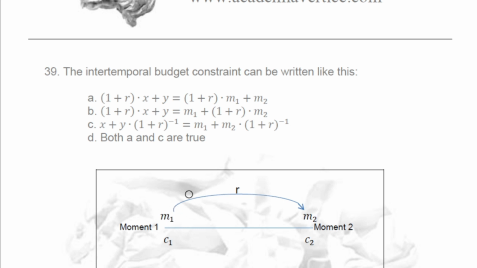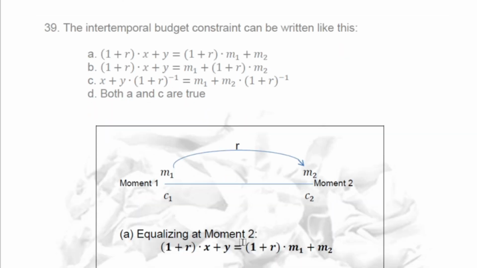So m1 times (1 plus r), I can sum it with m2 and have all the income for me considering in period 2. If I do the same with the consumption, well, here it's better if you put C1 and C2, but as the answers are like this, we suppose that X and Y are consumption in period 1 and consumption in period 2, okay? So equalizing at moment 2, we have this expression, and we equalize it, so A is true, okay?